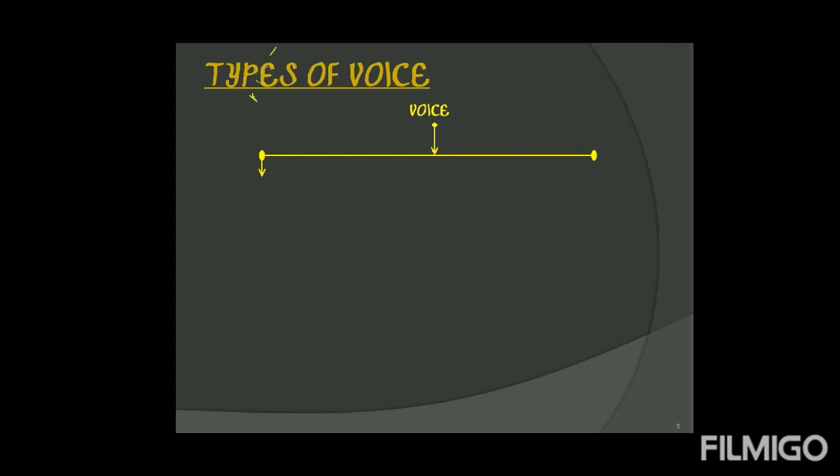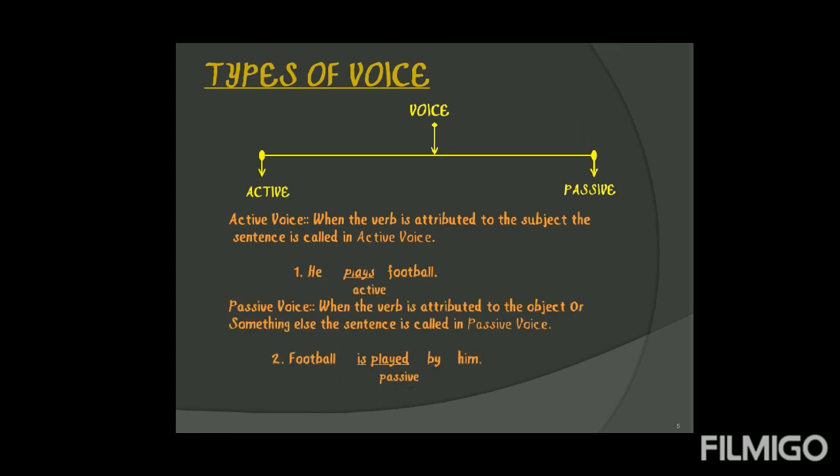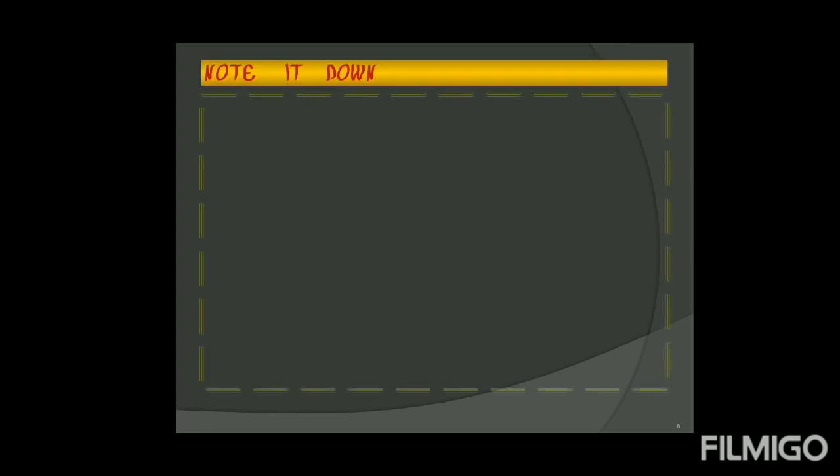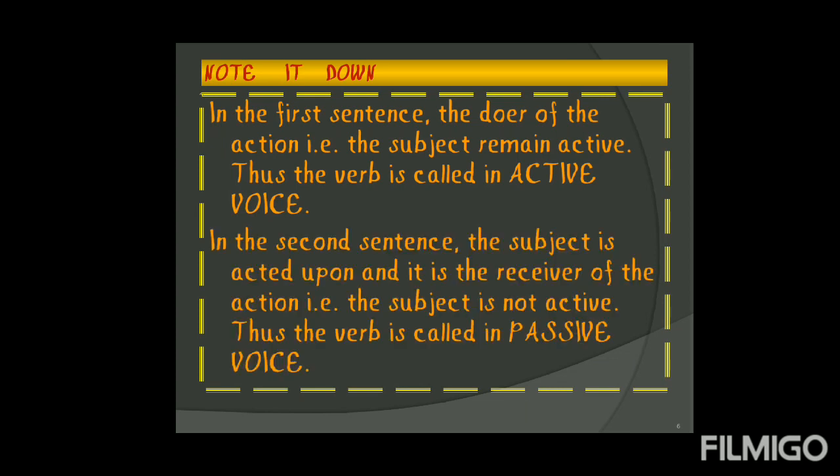Now, if you look at these two sentences, what do you get? Note it down. In the first sentence, the doer of the action, that is the subject, remains active. That is, the verb is in active voice. And what happens in the second sentence? The subject is acted upon, and it is the receiver of the action. That is, the subject is not active. Thus, the verb is in passive voice.